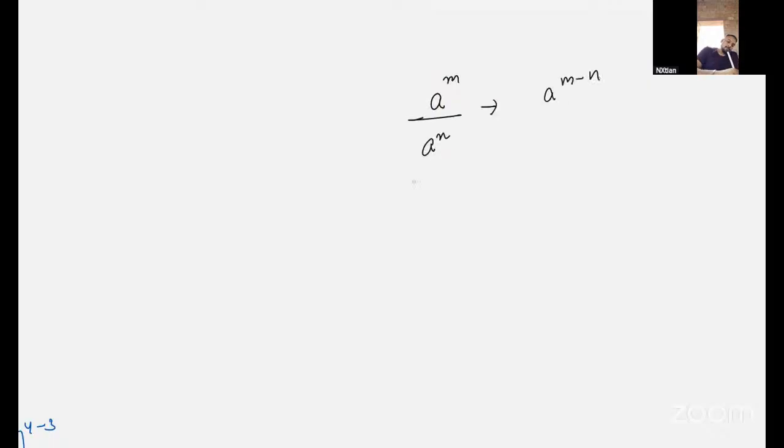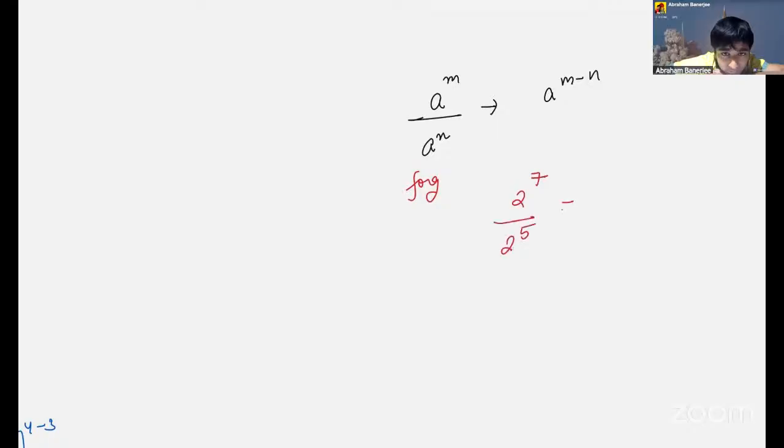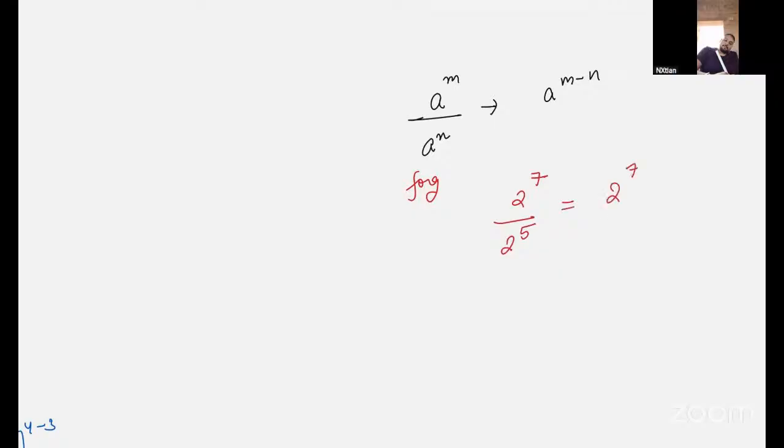For example, 2 to the power 7 upon 2 to the power 5, I can write as 2 to the power 7 minus 5, which is 2 to the power 2.